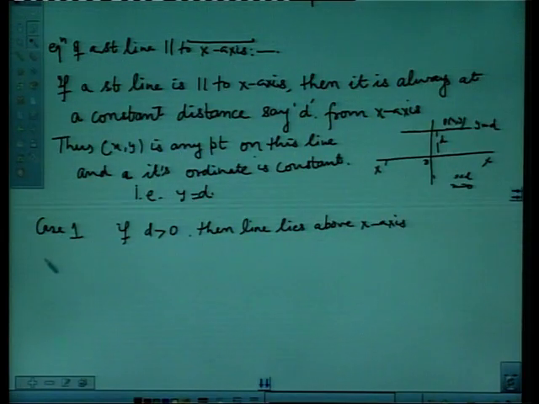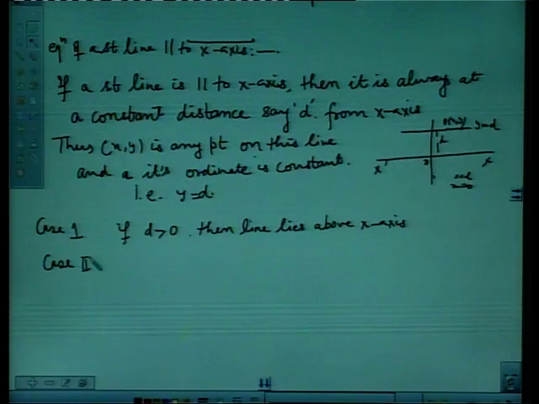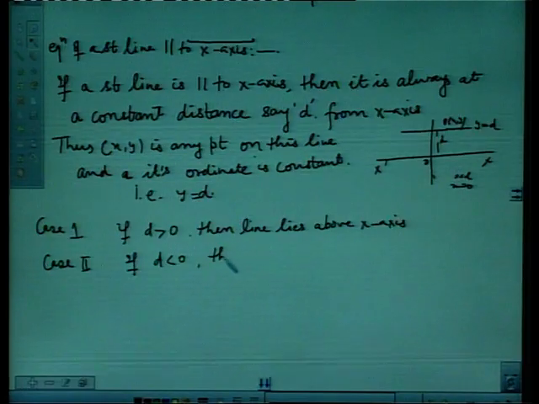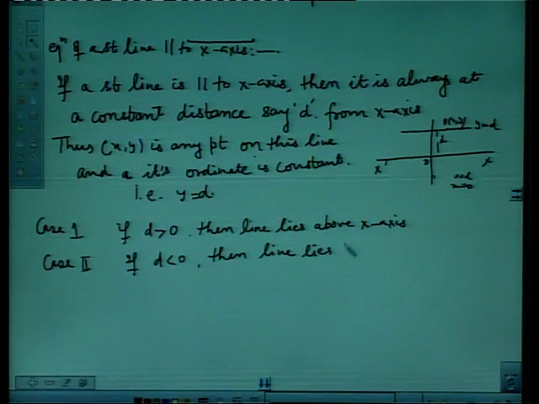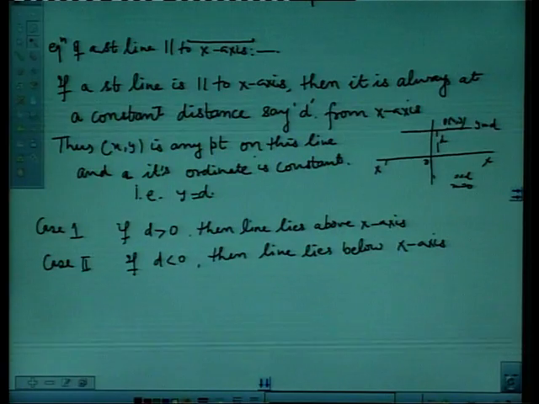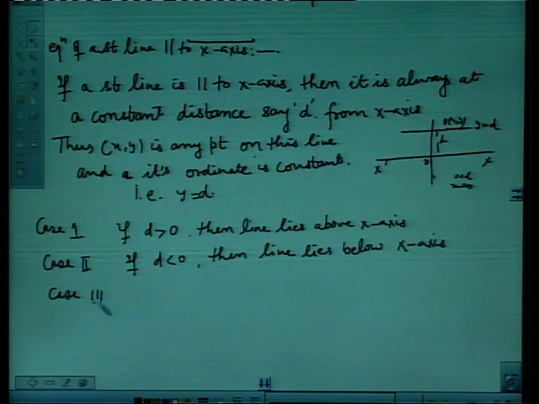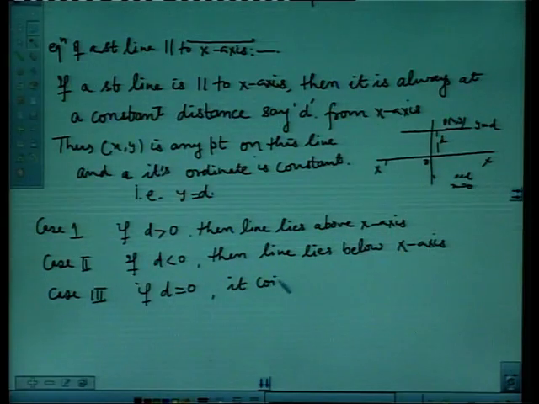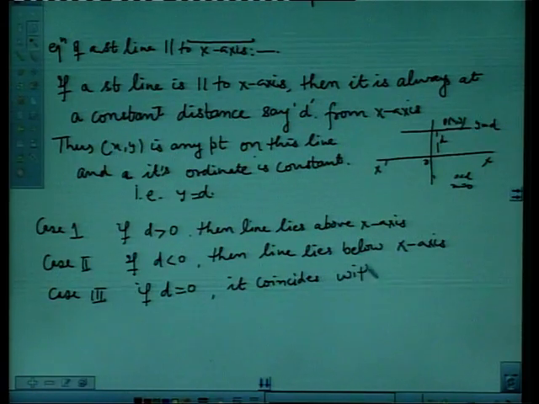Case 2, if d is less than 0, then the line lies below x axis. Case 3, if d equal to 0, then it coincides with x axis.